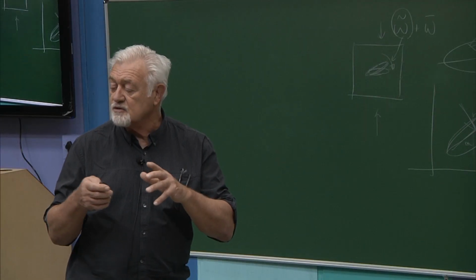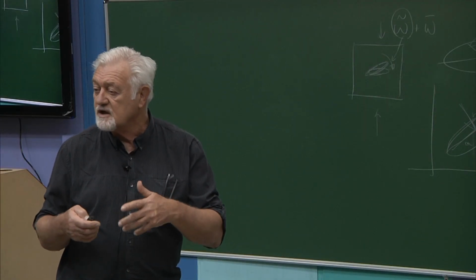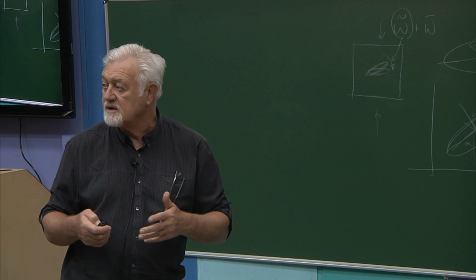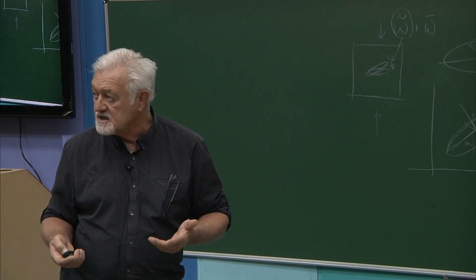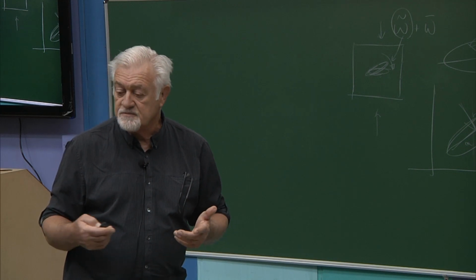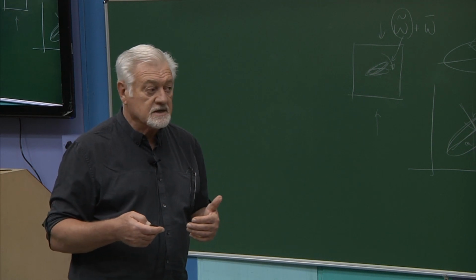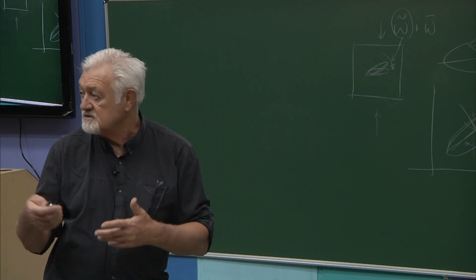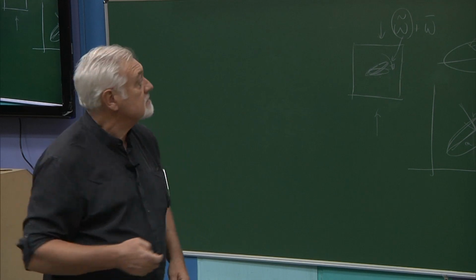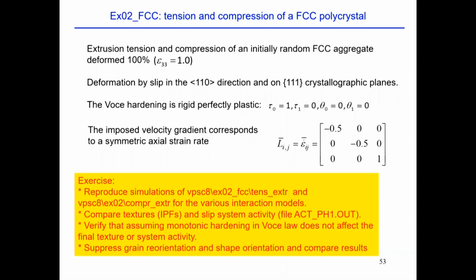Geometrically, in order to accommodate that deformation, you will have to enforce the same gamma dots no matter what the hardening law is. So the system activity and the texture will not change, but you can verify that that's the case. And then you can play a bit with suppressing the grain reorientation and the shape orientation and compare results. What happens if I do that or not?